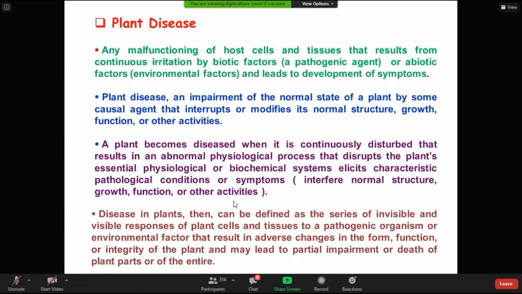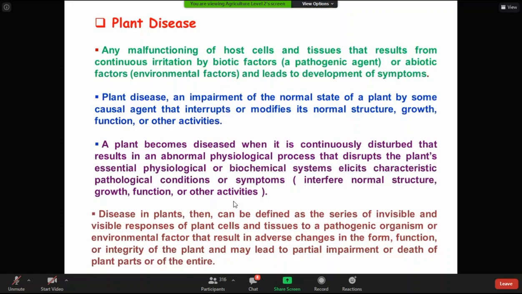Any malfunctioning of host cell and tissues that results from continuous irritation, that means continuous reaction with the host plant, by biotic factors, meaning pathogenic agent or organism, or abiotic factors, meaning environmental factors like temperature, moisture, light, nutrient, and so on, leads to the development of symptoms.